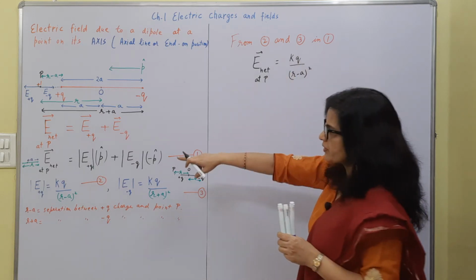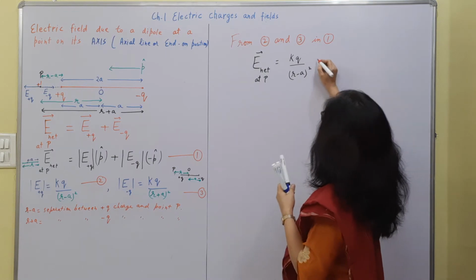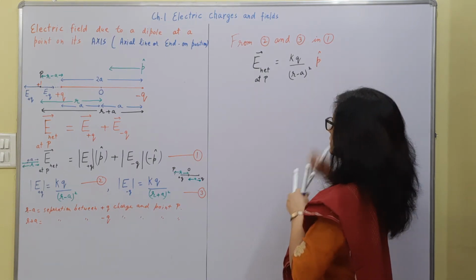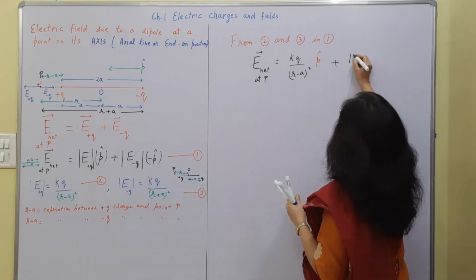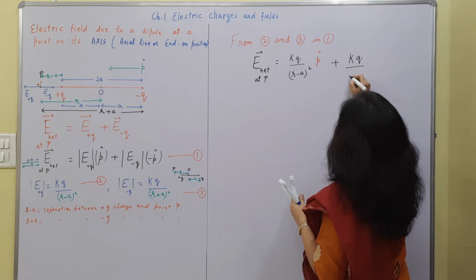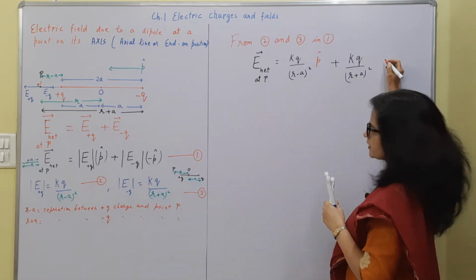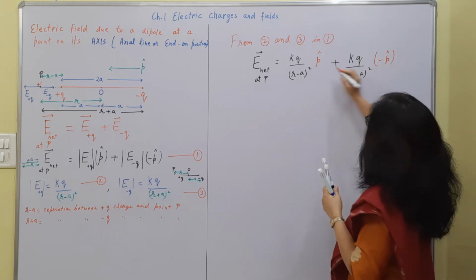This is the magnitude of E plus Q, and I am writing the direction in a different color. This is P cap, plus E minus Q is K Q upon R plus A whole square. Direction again I am writing in a different color, which is minus P cap.